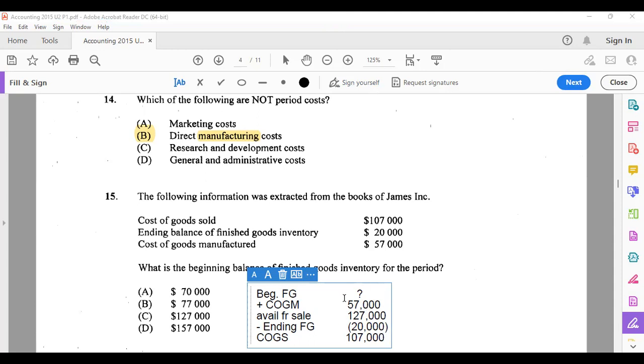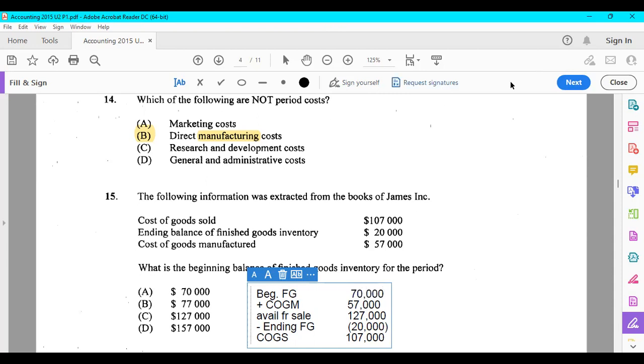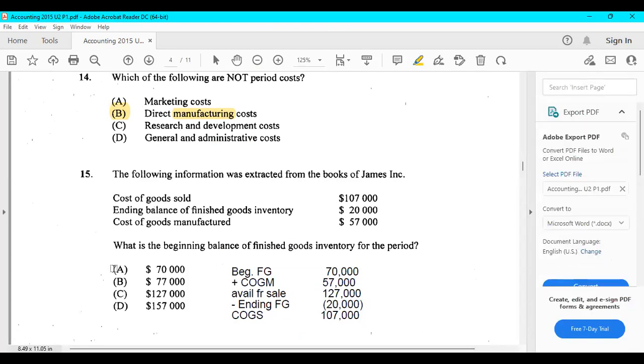If a number plus 57,000 gives us 127,000, what is that number? We just subtract, and we should get 70,000 as our answer. It is $70,000. That is A, our beginning balance for finished goods inventory. And this is found in your income statement, guys. The first one was found in the manufacturing account, but this one is found in your income statement.